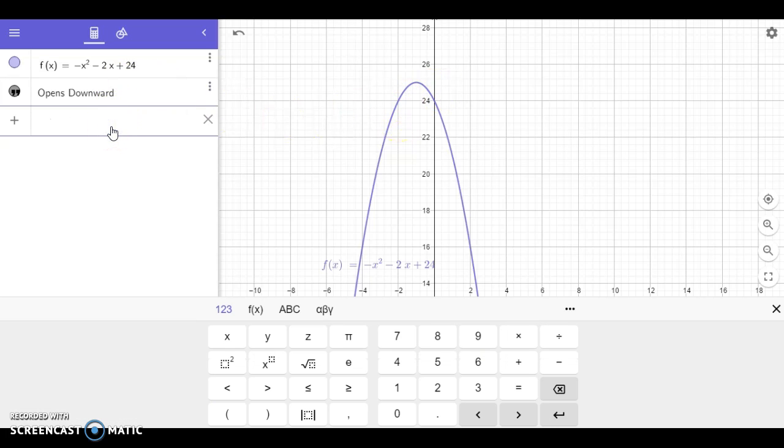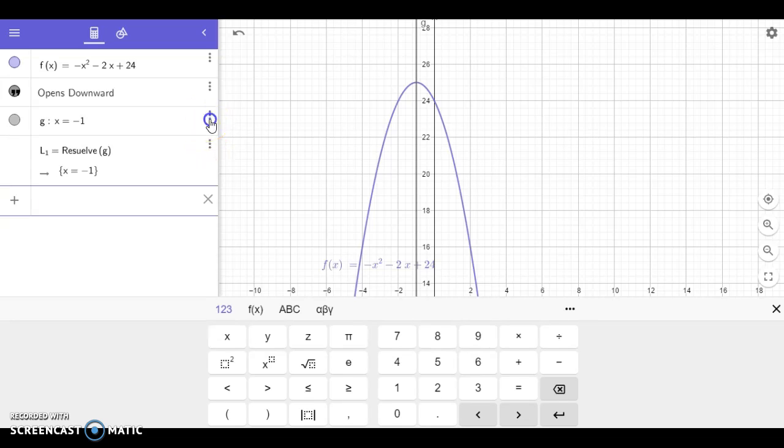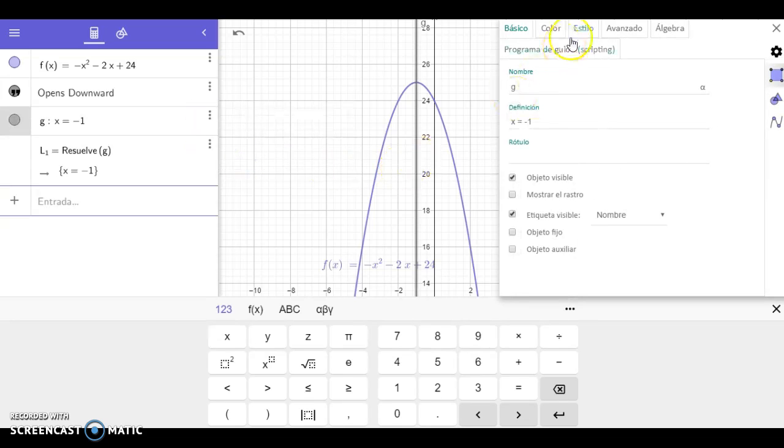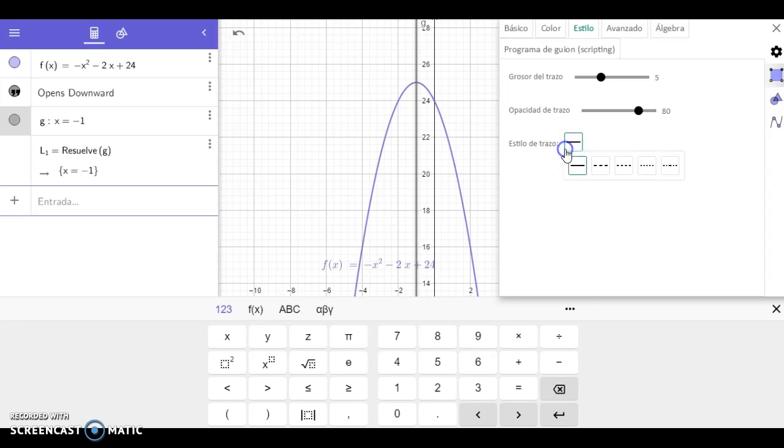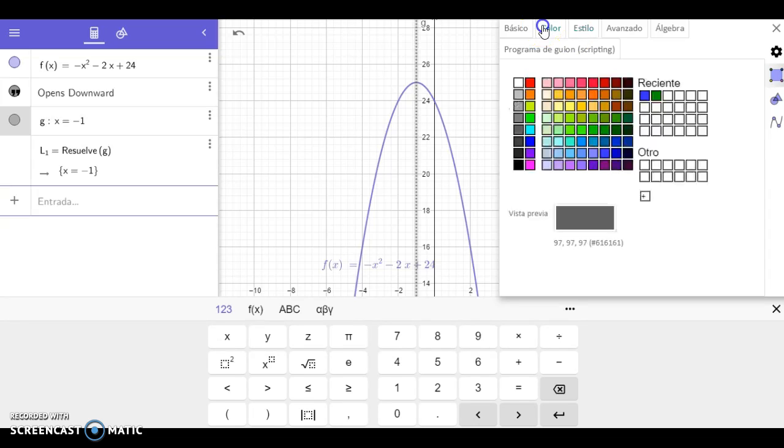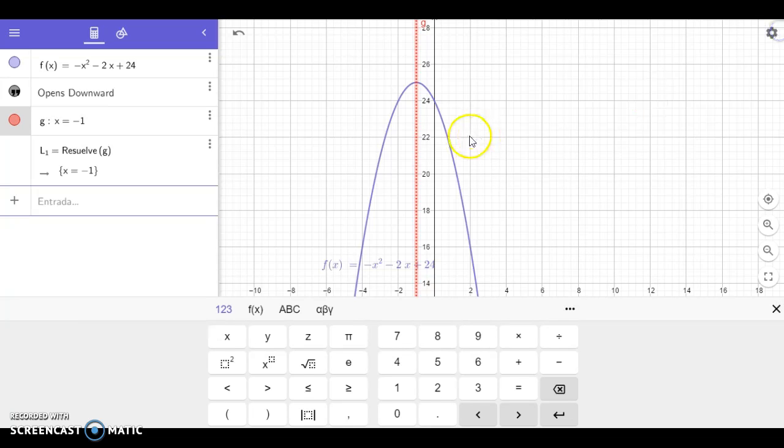So if we want to graph it, we are going to have to type x is equal to minus 1. And to distinguish it, we're gonna change the style to a dotted line and change the color to red. Okay, so there we have it.